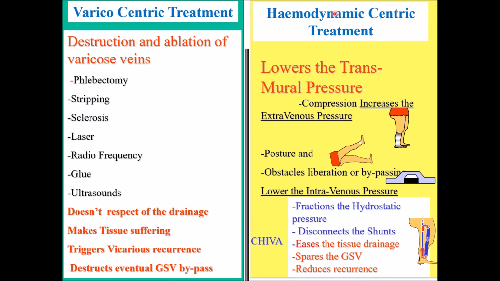Hemodynamic-centric treatment lowers the transmural pressure, because compression increases the extravenous pressure, posture and obstacle liberation or bypassing lower the intravenous pressure, and CHIVA fractions the hydrostatic pressure, disconnects the shunts, eases the tissue drainage, spares the great saphenous vein, and reduces the recurrence.